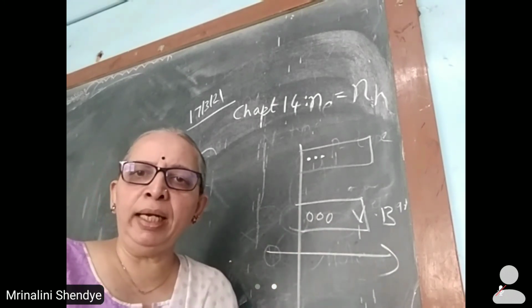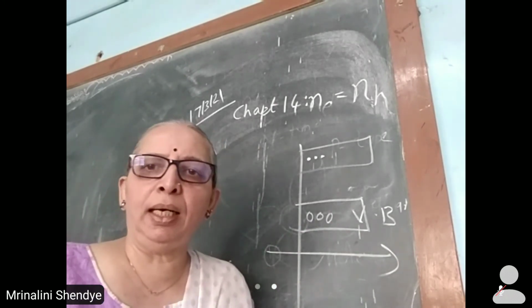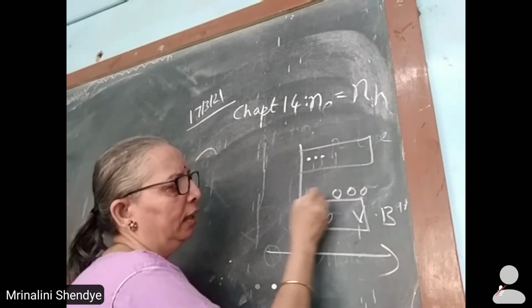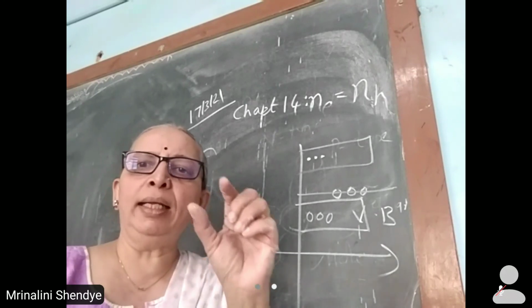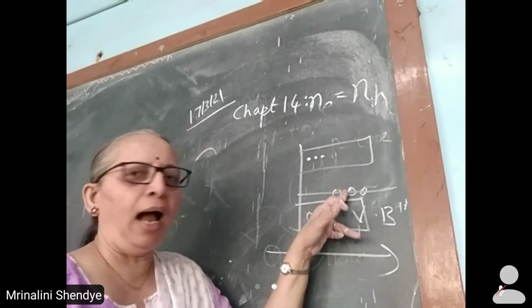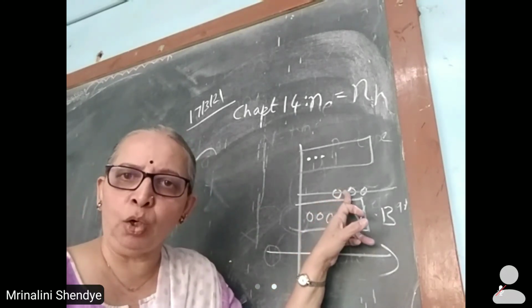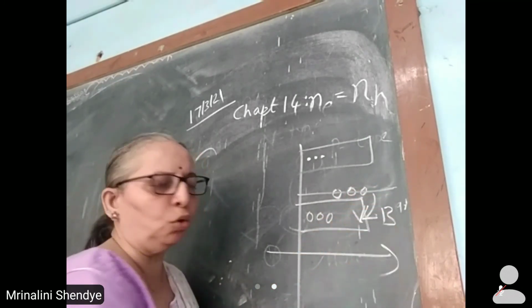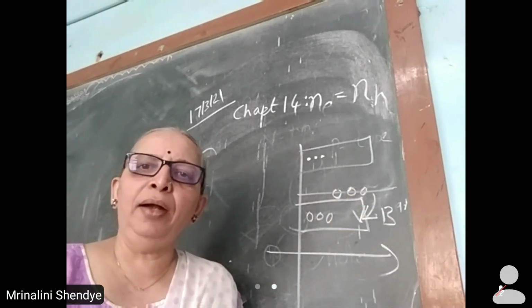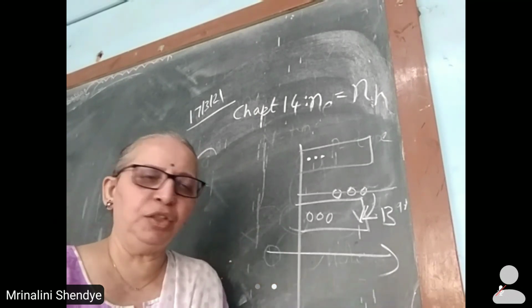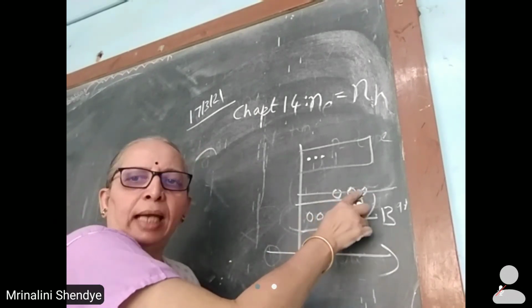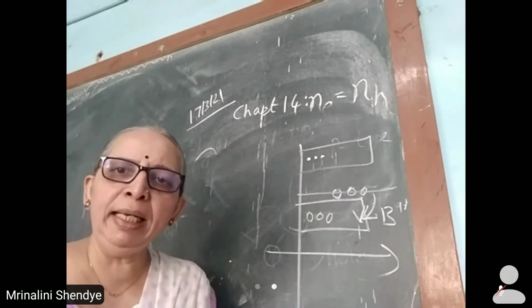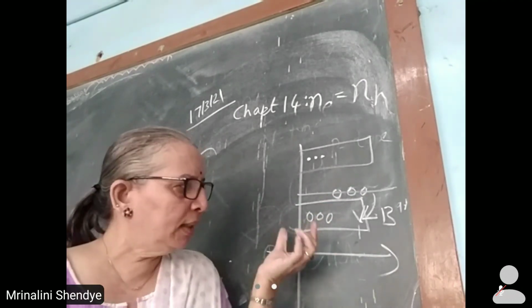The impurity added is called acceptor impurity, and the extra holes created form a new energy level. These are acceptor holes. This energy level is very close to the valence band, and with a little energy these extra holes can move to the valence band. So in p-type, majority charge carriers are holes.